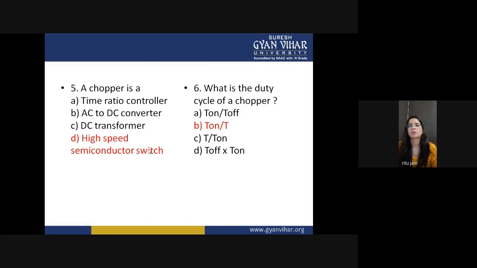Now the next question is, what is the duty cycle of a chopper? So the duty cycle of a chopper is T on upon T, meaning the turn on time of the chopper is divided by your total time, or you can write this equation as T on upon T off plus T on.